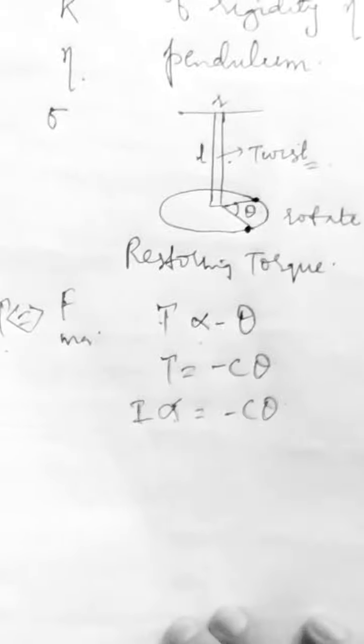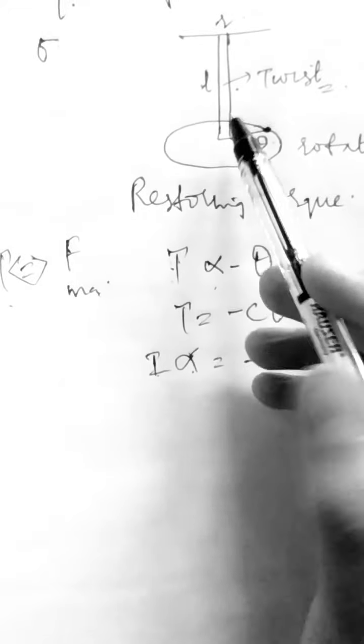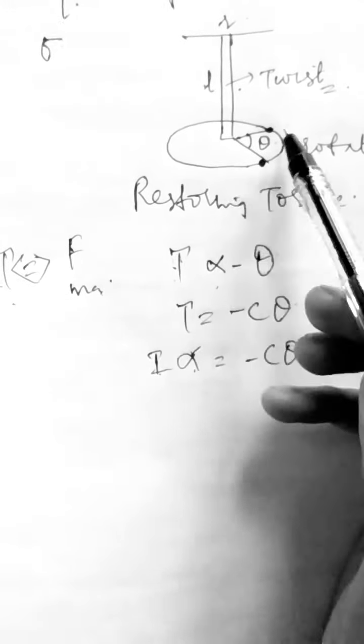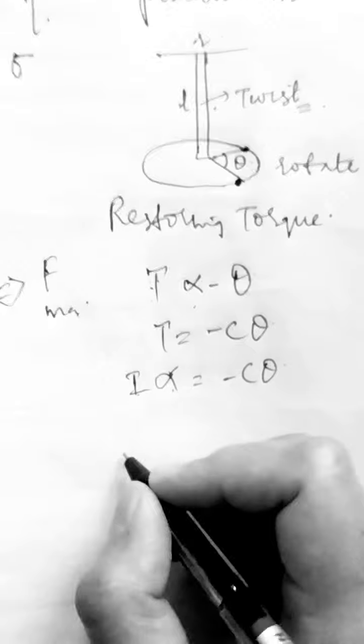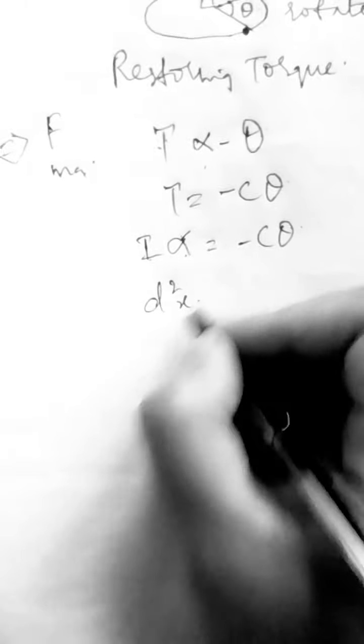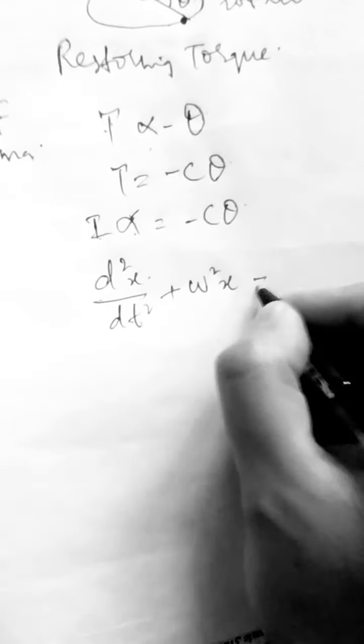Now, how can you modify it further? Since this rod or wire is set in rotation in the form of regular motion or oscillation, and we know that the differential equation of simple harmonic motion is given by d square x by dt square plus omega square x is equal to 0.